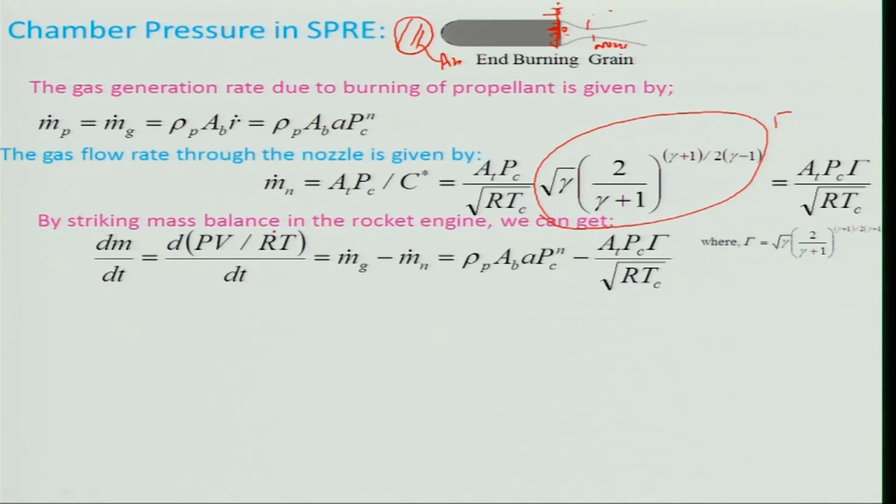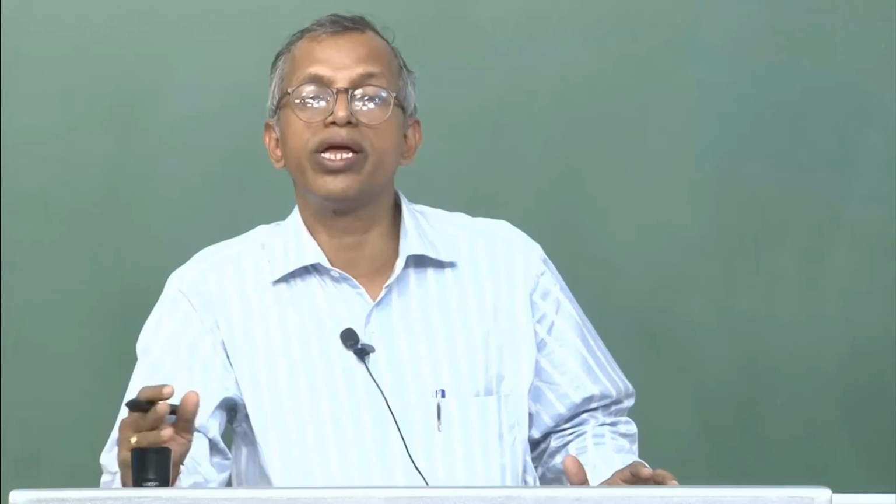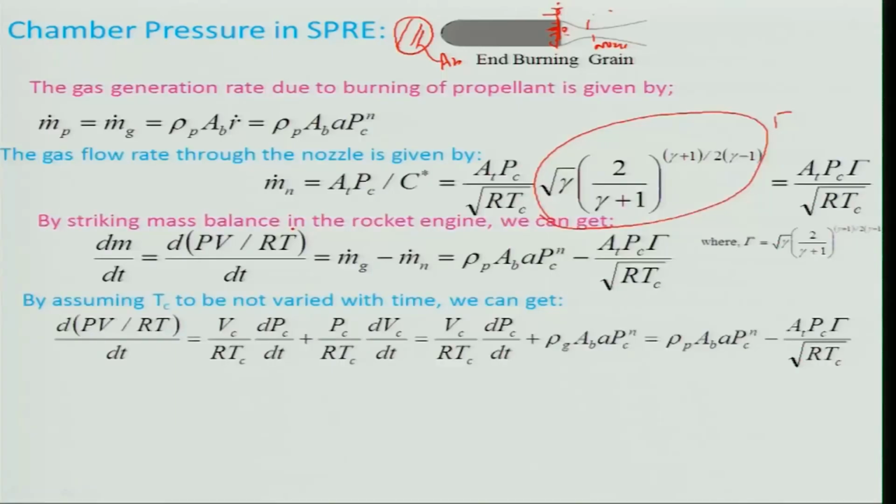If I take this as an ideal gas mass, then I can write m equals P V by R T. And if I assume T_C, the chamber temperature, remains constant for a particular propellant during the operation, then I can differentiate that: V_C by R T_C dP_C by dt plus P_C by R T_C dV_C by dt.